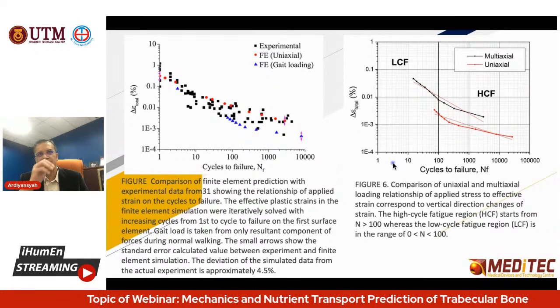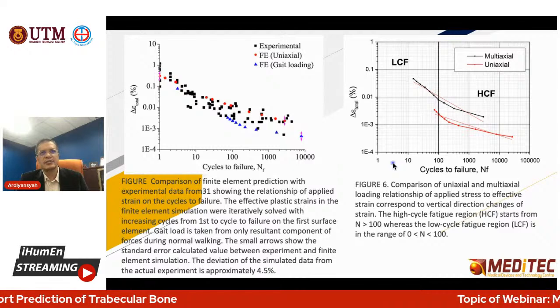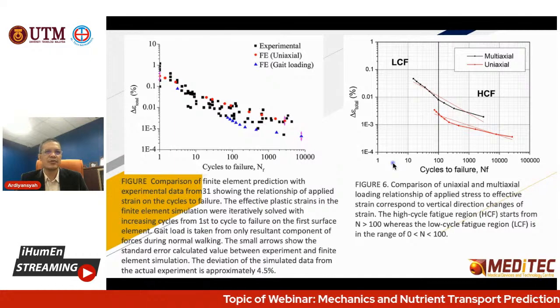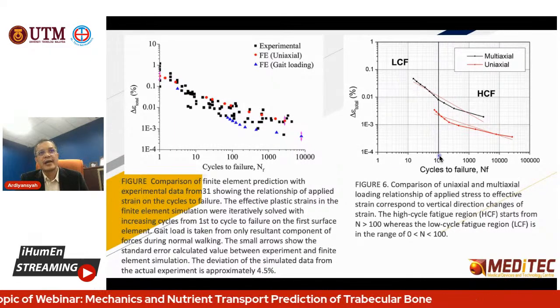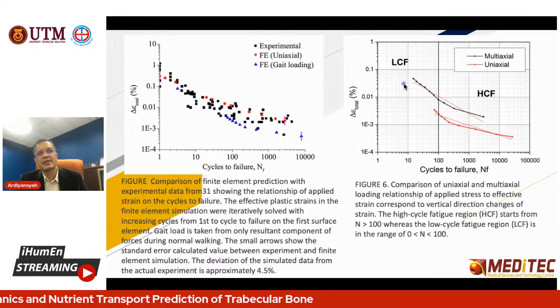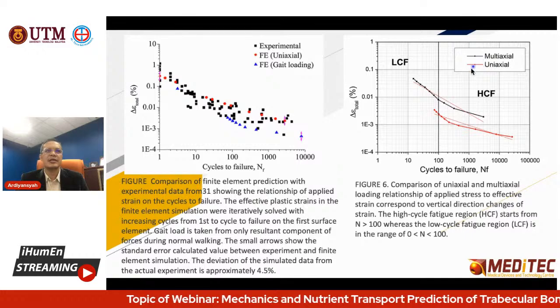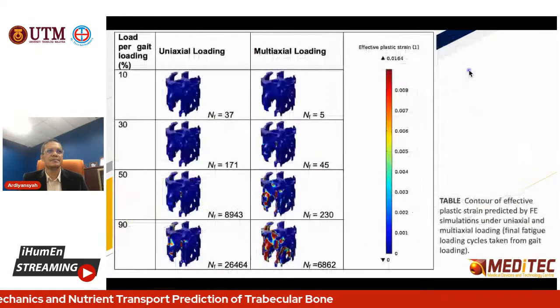The high cycle fatigue region, HCF, starts from more than 100, whereas the low cycle fatigue region, LCF, ranges from 0 to 100. Below 100 we call it the low cycle fatigue region, and above it the high cycle fatigue region. You can compare multi-axial and uniaxial fatigue life in the cancellous bone.